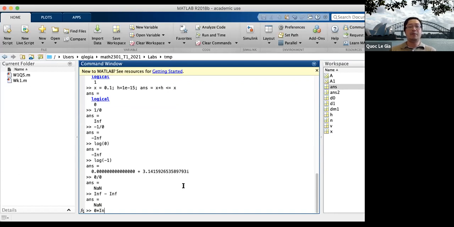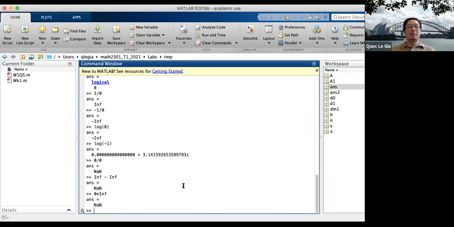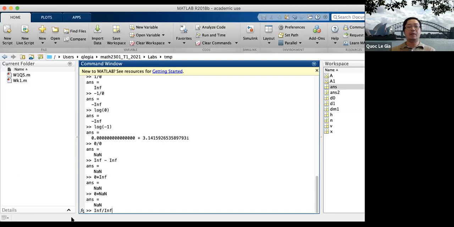And 0 times infinity? Not a number, yes, correct, because it's an indefinite form. You can use L'Hospital's rule, but MATLAB doesn't know L'Hospital's rule, so it just says not a number. So 0 times not a number is still not a number. And infinity over infinity is still not a number, okay?